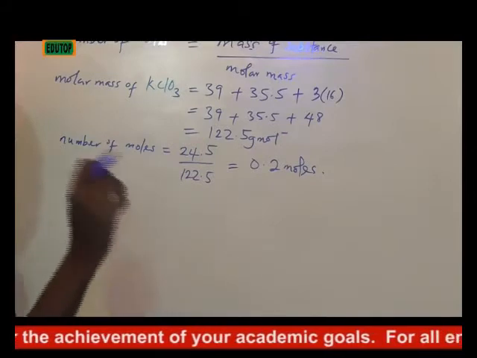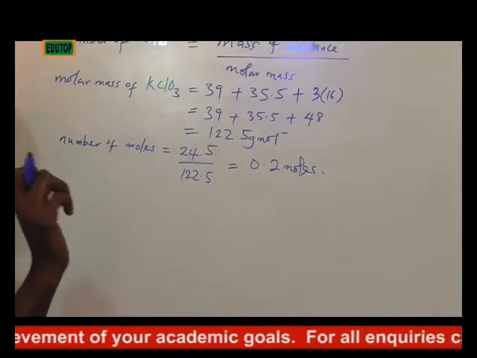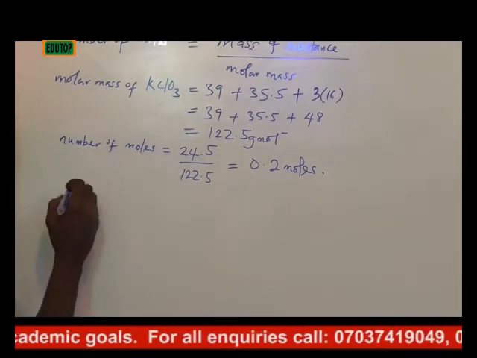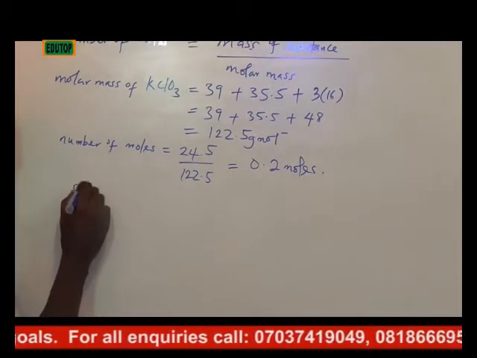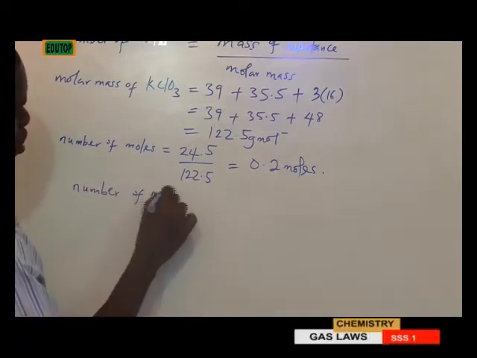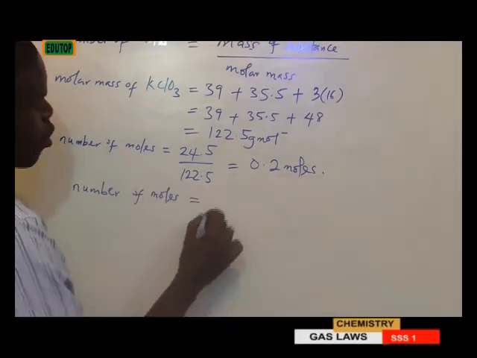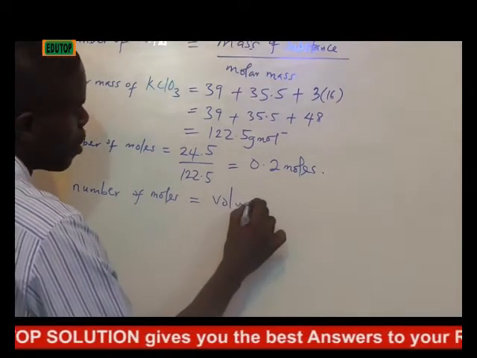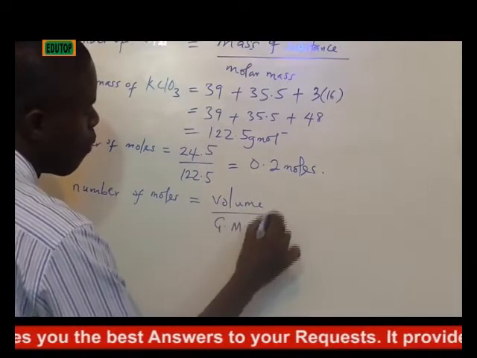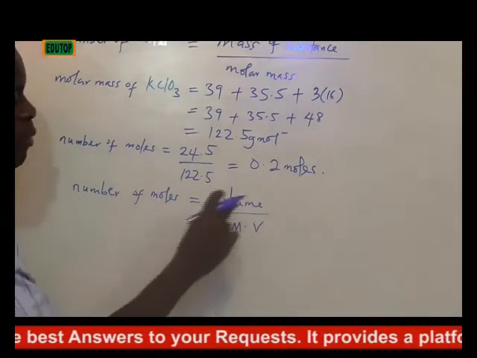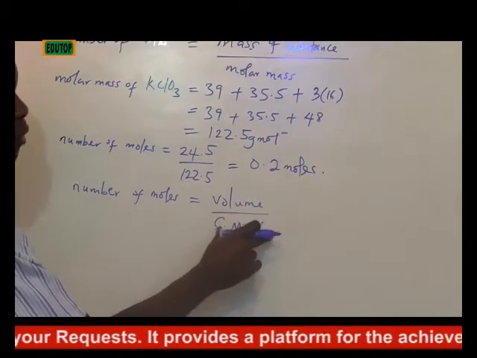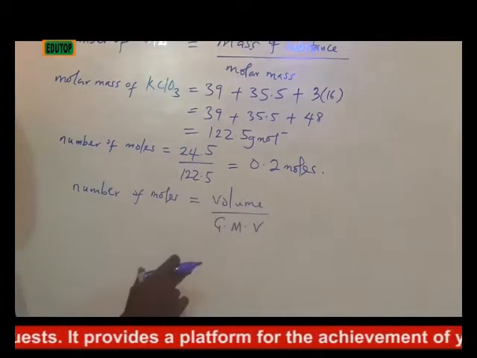Then the question asks you to look for the volume of oxygen. Remember that there is another formula that states that number of moles is equal to volume all over gaseous molar volume. GMV, gaseous molar volume. The gaseous molar volume is a constant.